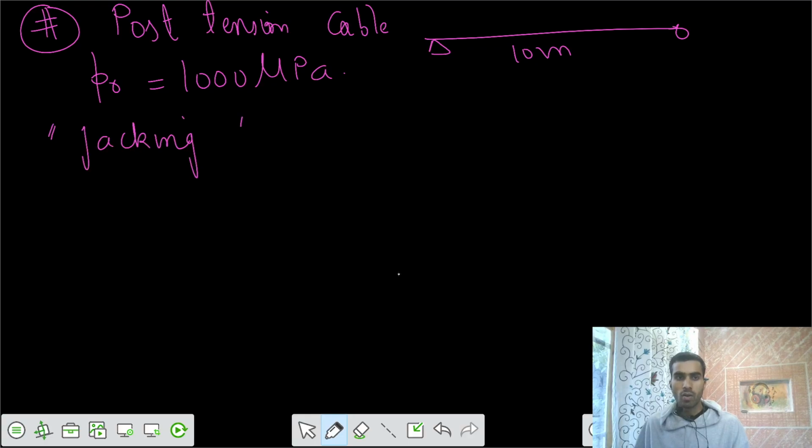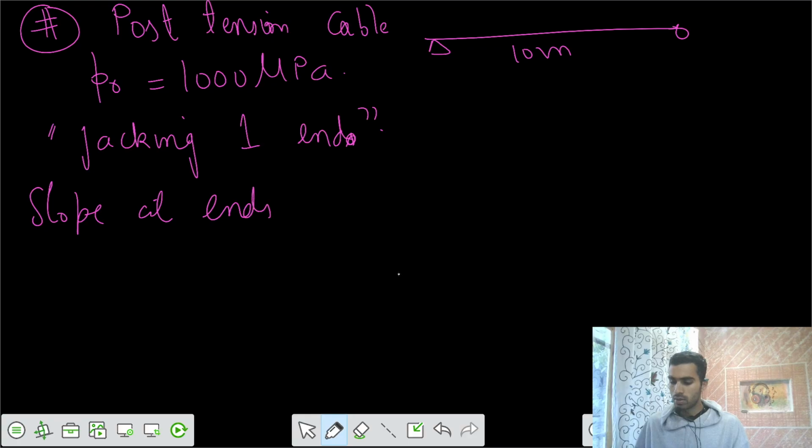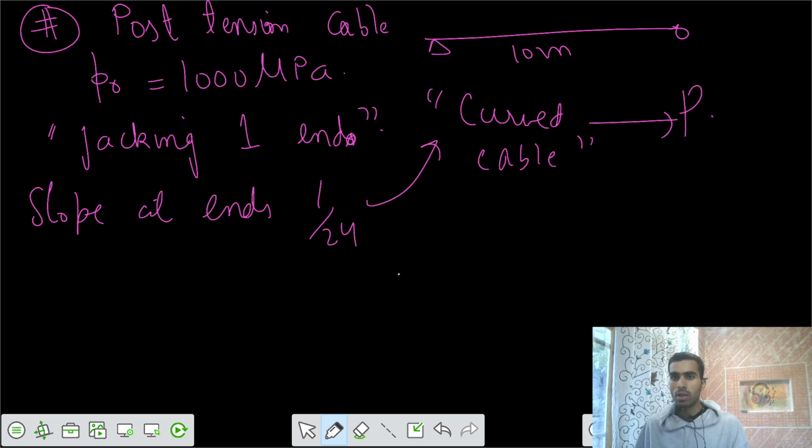Your slope at the ends is 1 by 24, and the cable is curved. That means it would be a parabolic cable.